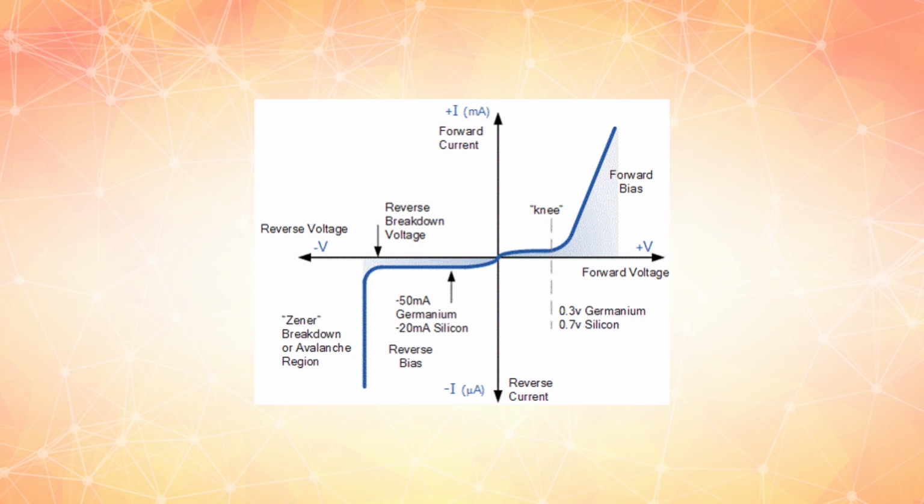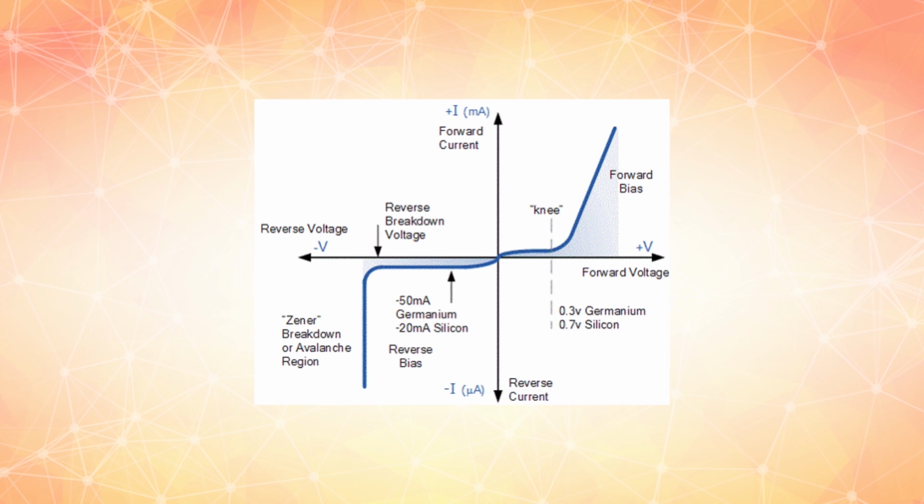Now, moving to the third quadrant, here we can see the diode exhibits a very linear characteristic for some duration, in which a small amount of current flows in the reverse direction, but when the voltage is further increased in the reverse direction, a point arises which is called the reverse breakdown voltage. After that, a breakdown occurs which is called avalanche breakdown or Zener breakdown.